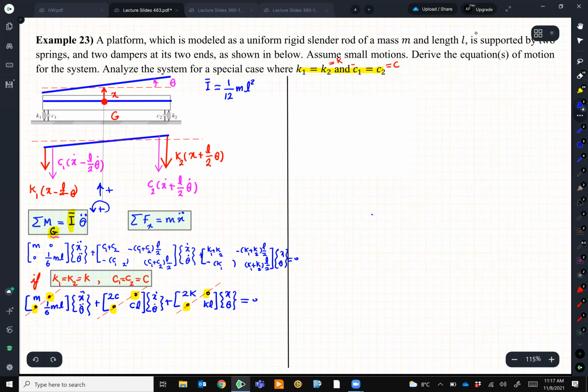Something is not right with me today. I'm making mistakes even from my own notes. It should be K1 minus K2. Yeah, now it's correct. Please correct this one: this is C1 minus C2 and K1 minus K2. And always please go home and check my calculations. I did them quickly and I might have made mistakes somewhere.